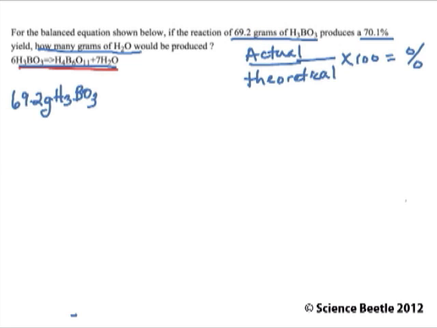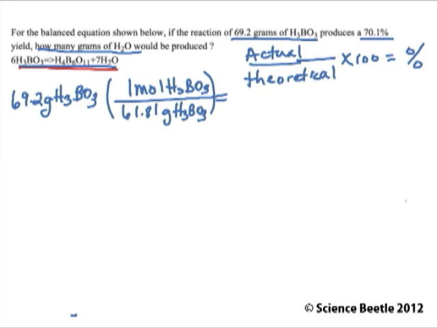So we begin with 69.2 grams of H3BO3, and in order to find out how many moles this is, we're going to multiply by the molar mass. And we know that 1 mole of H3BO3 contains 61.81 grams of H3BO3.